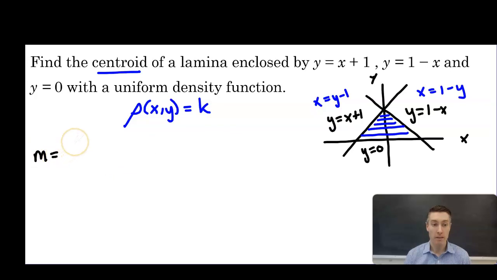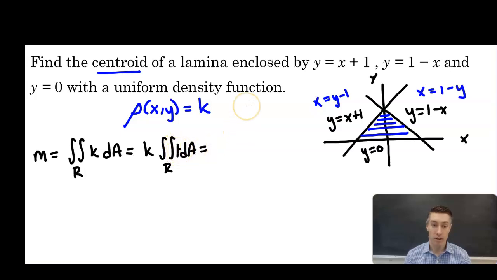So mass, I'm going to avoid putting the bounds in for a second, and you'll see why. So over the region R, density function is k dA. Now because k is a constant, I can factor that out. Double integral of r dA, and this is really 1 times dA. If we recall, the double integral of 1 dA is nothing more than area.